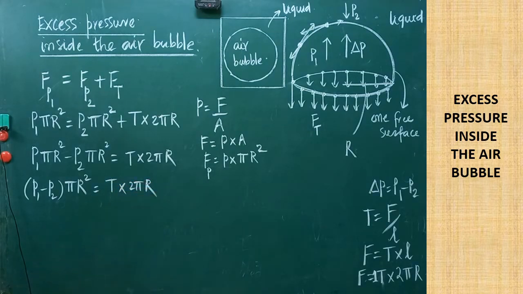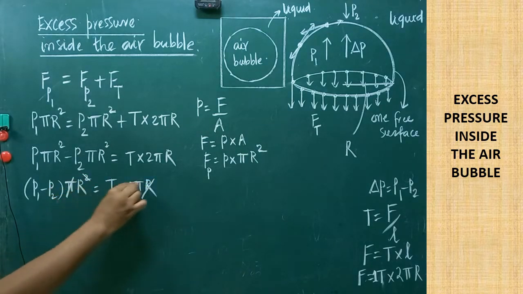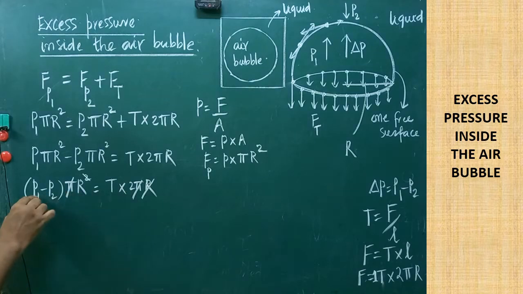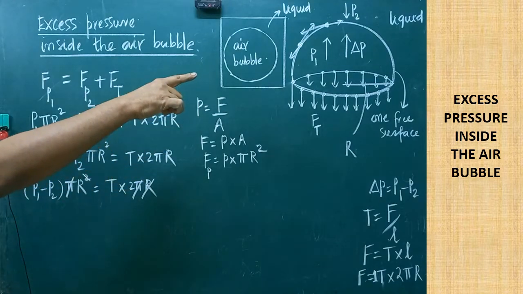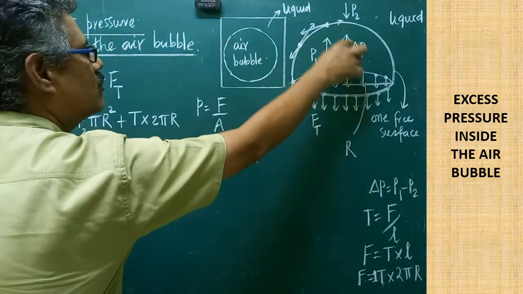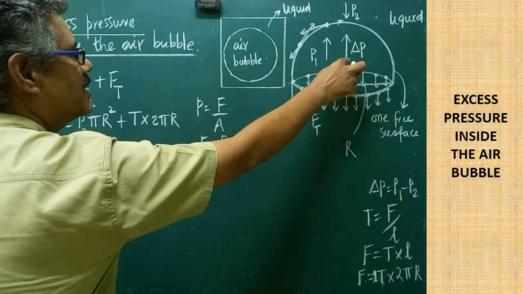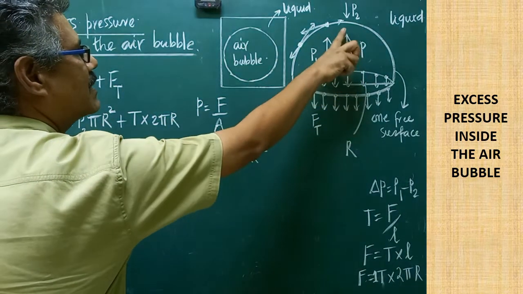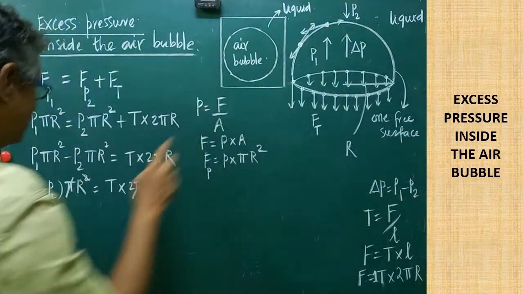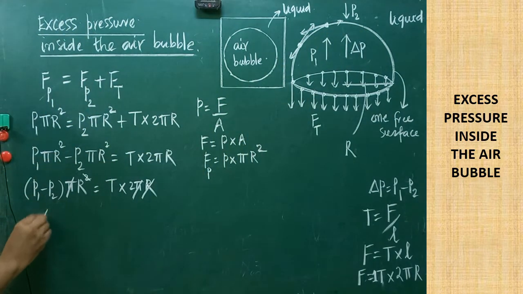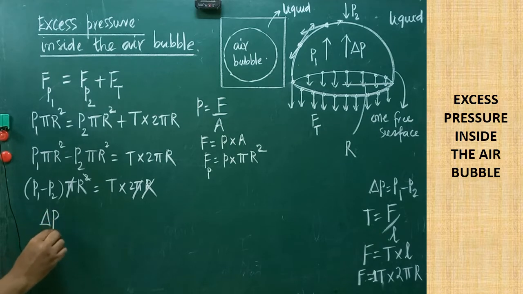Any doubt in this? Now one r can be cancelled, pi can be cancelled. So what is the remaining thing? This is the expression: P1 minus P2. Already I have told that the difference between P1 and P2 is called excess pressure. That excess pressure will always be acting on the concave surface. So P1 minus P2 gives you the excess pressure.